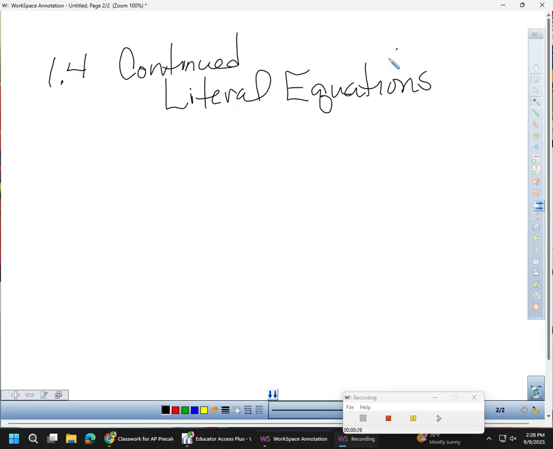So, here are the steps for today. They're very similar to the steps from yesterday. Step 1, I'm going to ask that you distribute. Step number 2, if there is a fraction, clear the fraction.